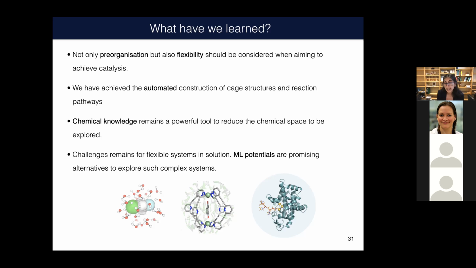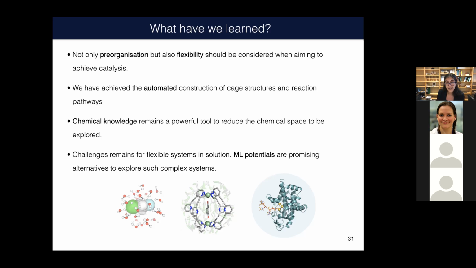We have also been able to optimize the process by introducing automation in our protocols. Right now, we can draw hundreds of different cages and explore them much more efficiently than we used to do. Exploring reaction pathways remains challenging, but we have also been trying to introduce automation there. And we have seen that introducing chemical knowledge, that means telling the computer the mechanisms that we think are possible, allows us to reduce hugely the chemical space that we have to explore.